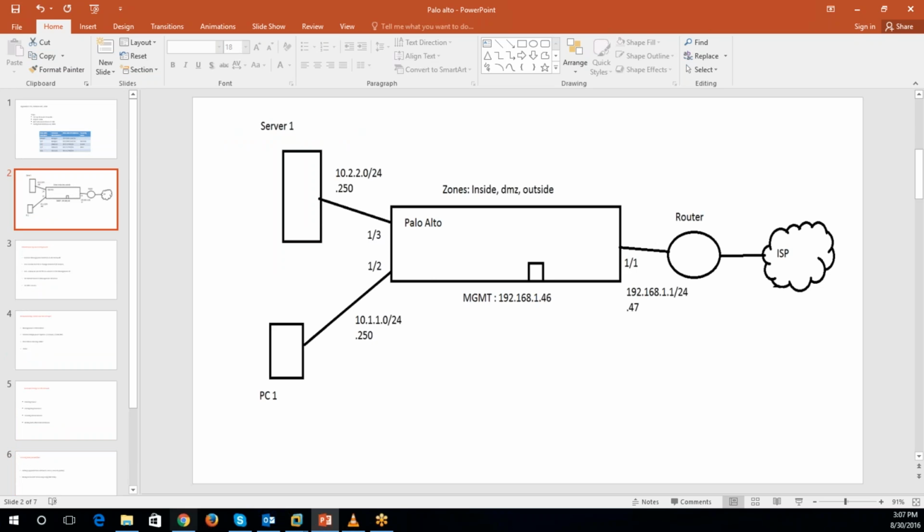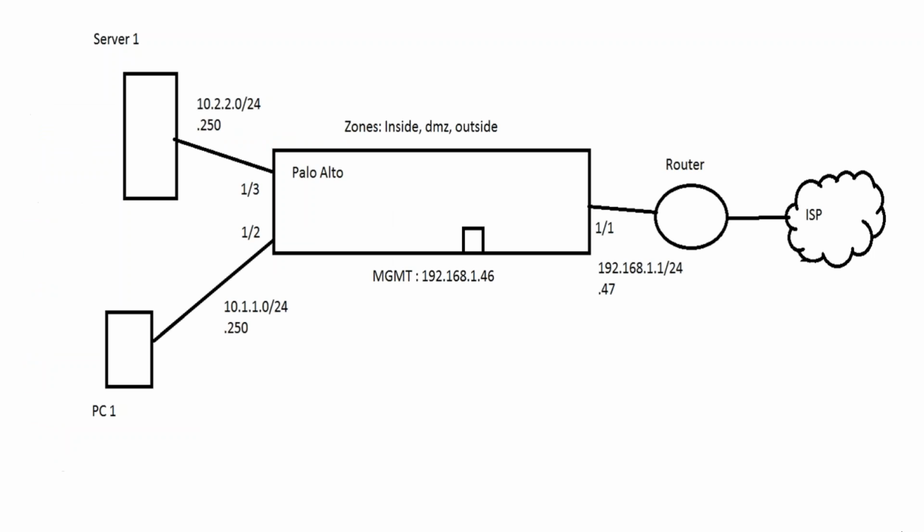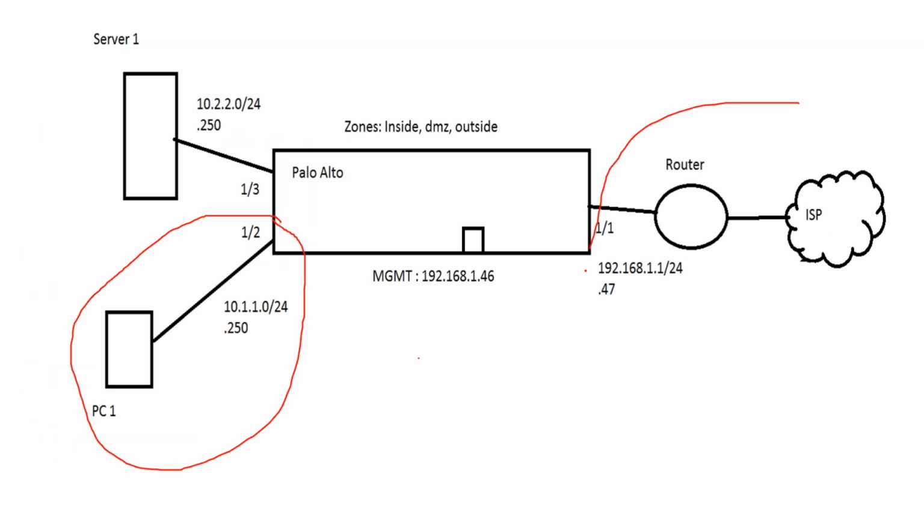This is our diagram, right? So in this diagram, we already created a policy between these two zones, inside and outside, right?